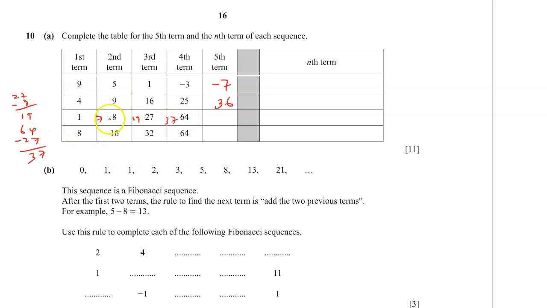So this is 7, 19. From 7 to 19, that is 12. From this one to this one, and that is 37. 19, this is 8, 1.